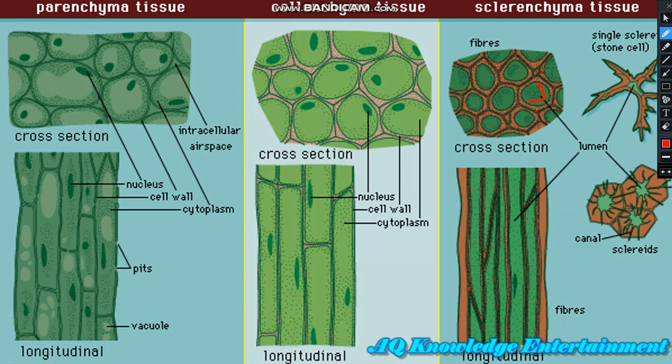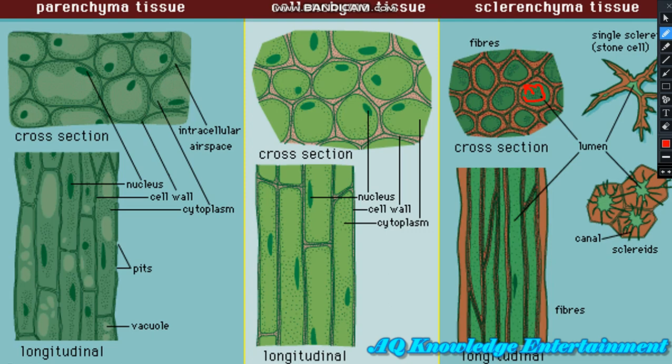You can see this outside part right here. It does not even have space because it has lignin, a chemical substance which acts as a cement and hardens them. Often these walls are so thick that they don't have intercellular space.